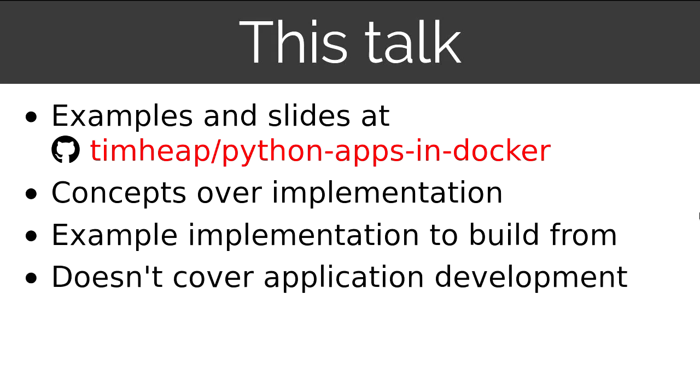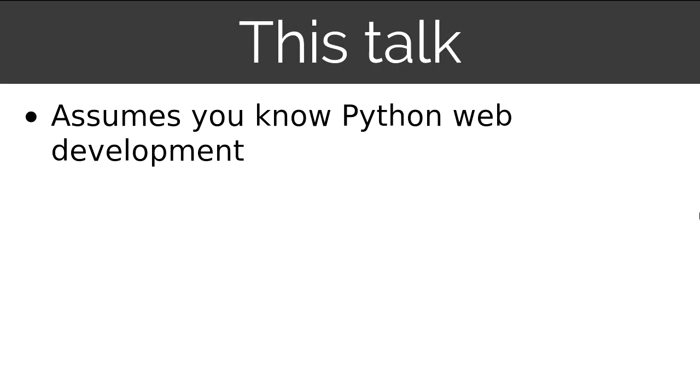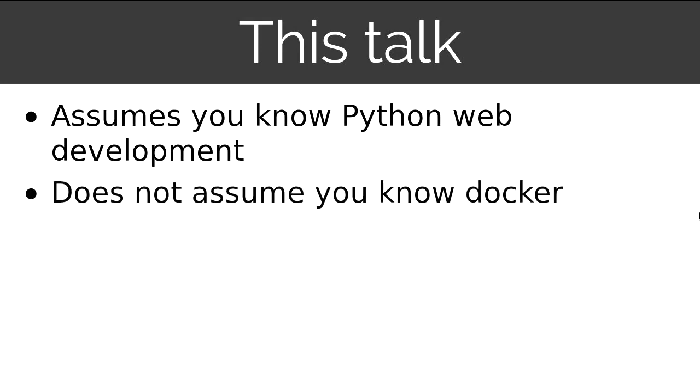And this talk does not cover how to actually build a web application. This assumes that you know how to build a Django or Flask or any WSGI Python application. This is more how you then deploy it in Docker. So it assumes you know Python. It does not assume you know Docker at all.